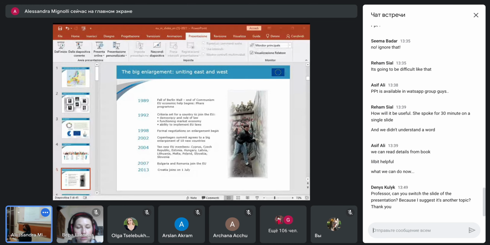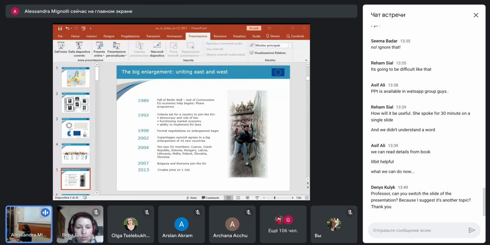Slovenia joined in the first wave of accessions, and the current candidates are precisely the Western Balkan states, including Kosovo, Albania, and Yugoslavia, Serbia, and the former Yugoslavia.